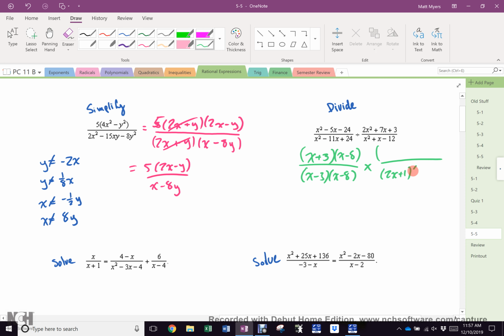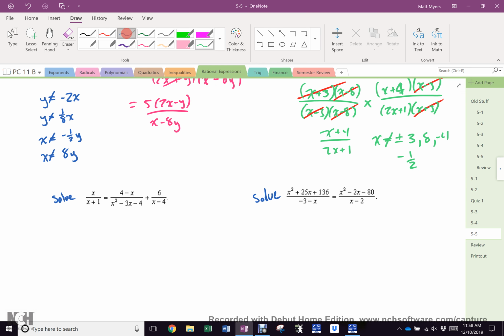So it's 2x plus 1, x plus 3, and x plus 3, 4, and x minus 3. And then cancel. It is x plus 4 over 2x plus 1. And, of course, x cannot equal plus or minus 3, 8, negative 4, and negative 1/2.